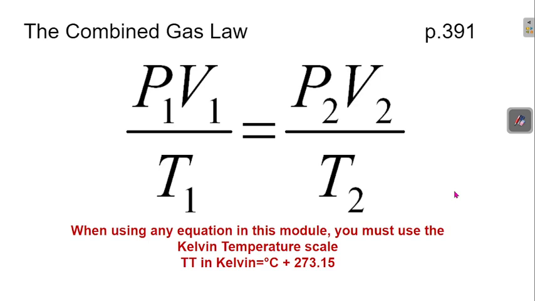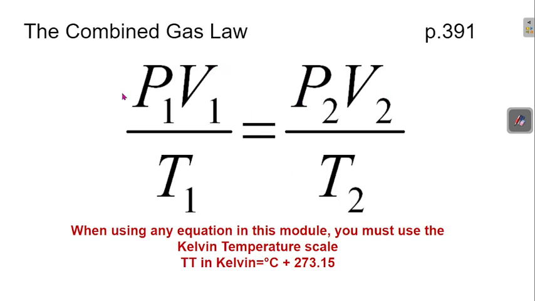Page 391, the combined gas law. Well, you're combining both Boyle's law and Charles' law. So pressure times volume, this is Boyle, but down to divide, the volume divided by the temperature, that's Charles. This is a combination of the two laws, still true, is a constant.